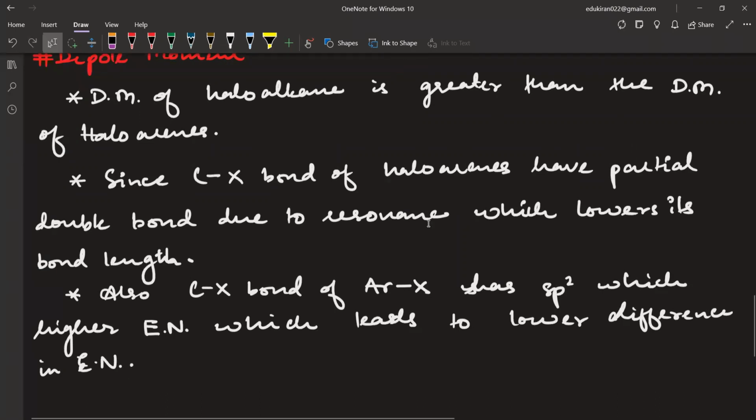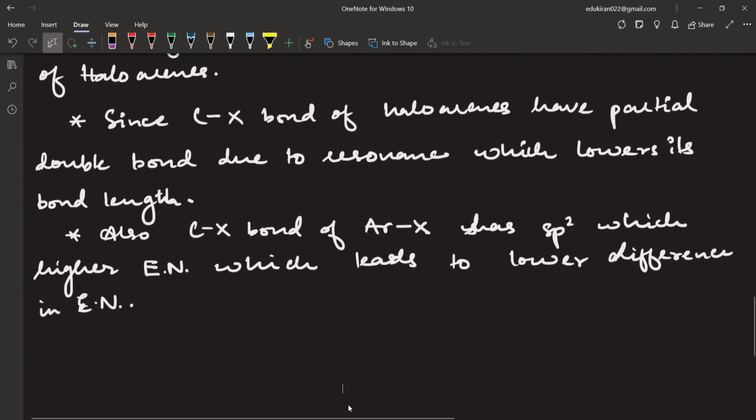Now, both of these things combine, and they decrease the magnitude of dipole moment.